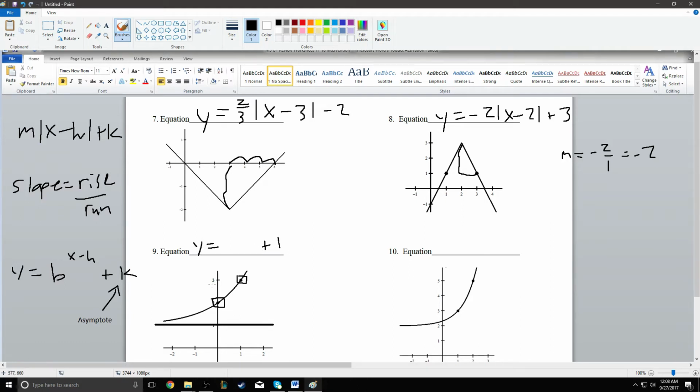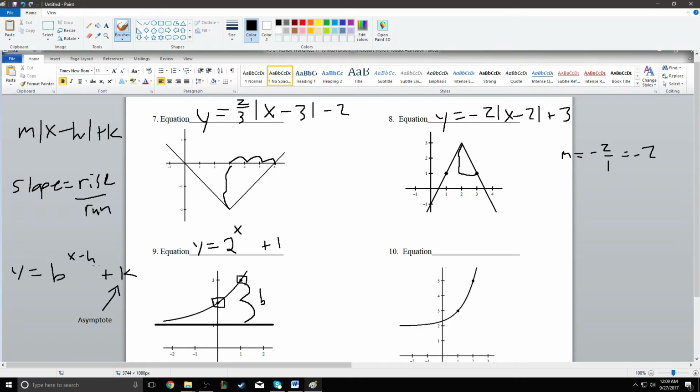Okay. So this first point should always be 1 above the asymptote. Okay. Your next point, however far this point is above the asymptote, not the axis, the asymptote, that is your b value. So if this goes 1, 2 above the asymptote, it's 2 to the x power.